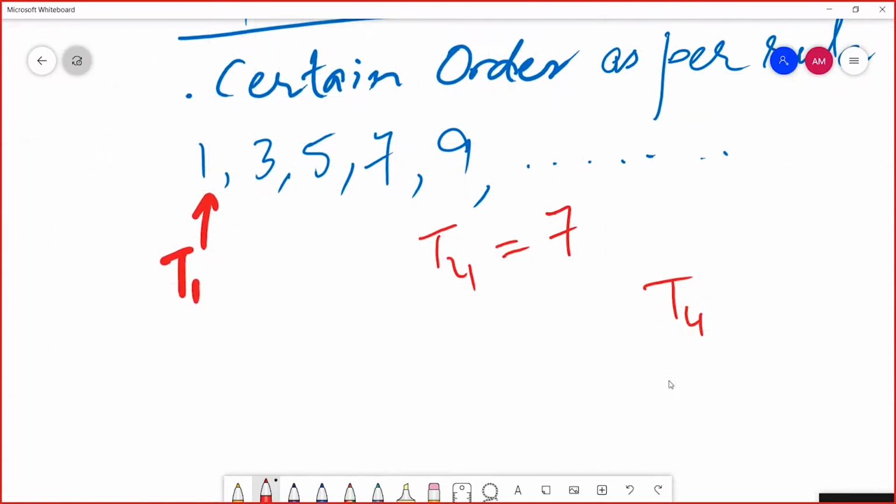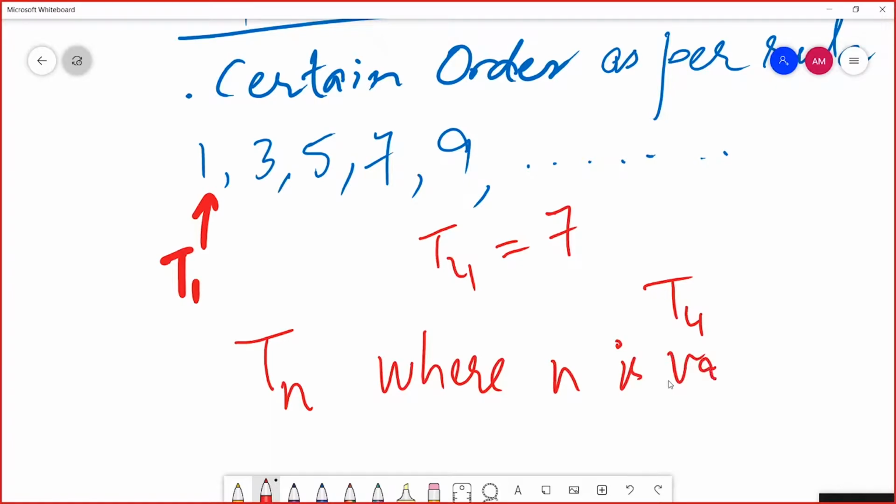And then if you write like this, there is something else which is Tn. What is meant by Tn? It means where n is a variable. What does it mean? It means you can give any value to n.